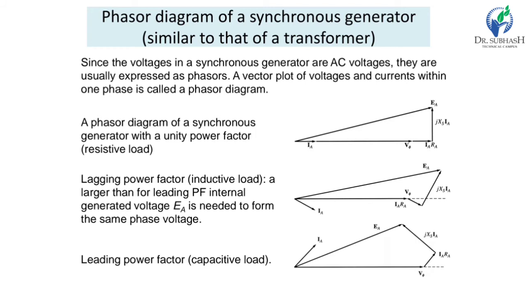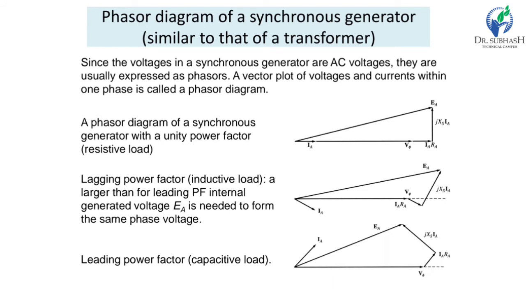The resultant diagram is called a phasor diagram. We discussed the synchronous generator in the equivalent circuit. First, let us understand what a phasor is. In the electrical power system, there are three main types of load.